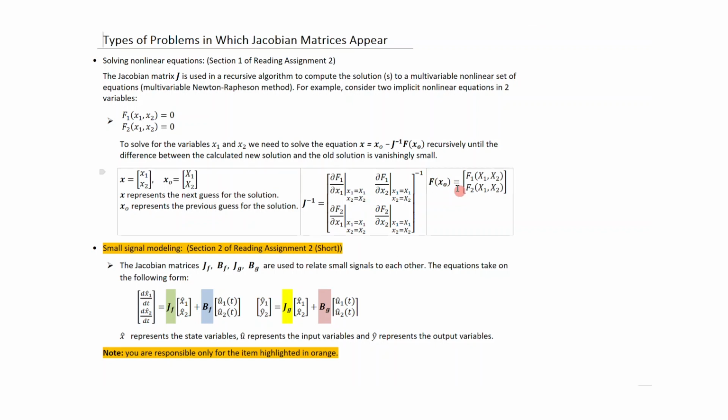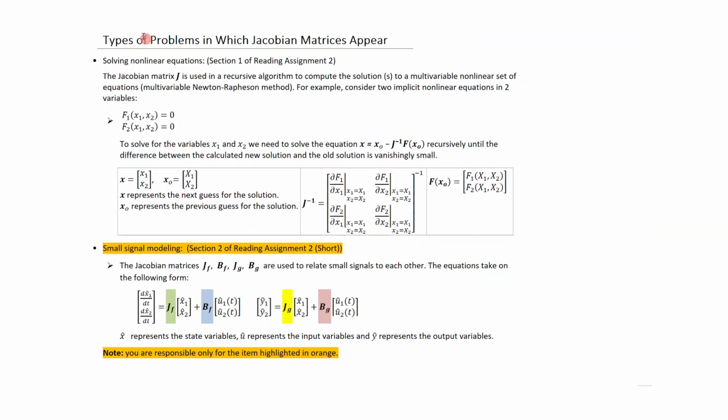F of x naught is just the evaluation of the function, again in vector form. The top component is f1 evaluated at capital X1, capital X2, and the bottom is f2 at capital X1, capital X2. This is just a recursive calculation that goes on until there's no difference, or a vanishingly small difference, between x and x naught.